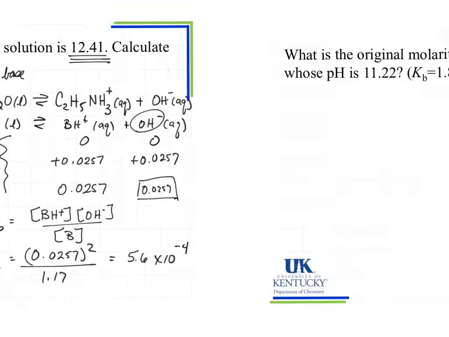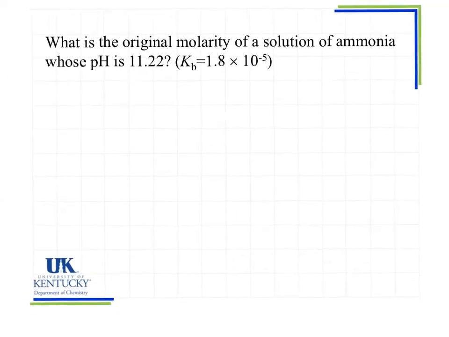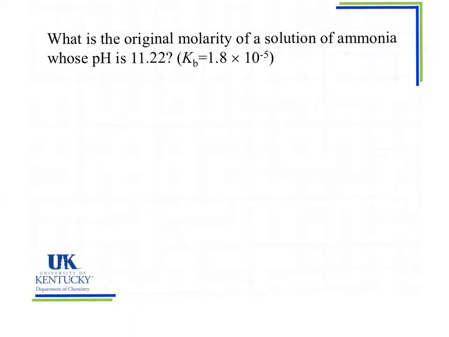All right, let's look at our next problem here. Here we're going to do a very different problem. Again, they're giving me a pH, but this time they're giving me the KB, and they want to know what is the original molarity of the ammonia solution. Now, I know that ammonia is NH3, and I could write the reaction with NH3, and I will.